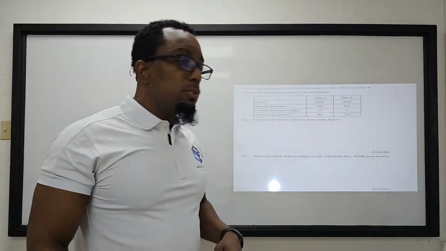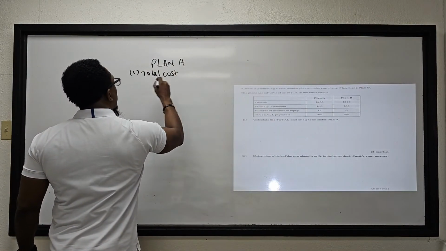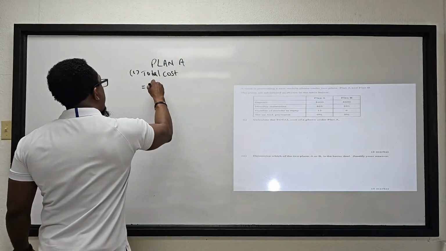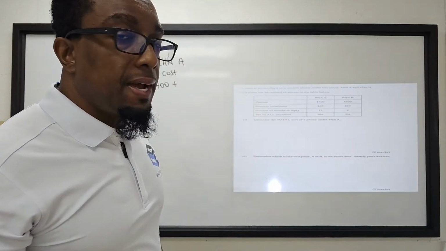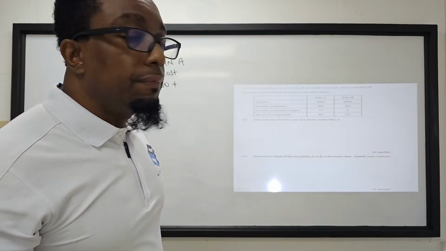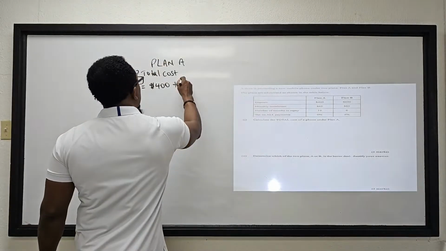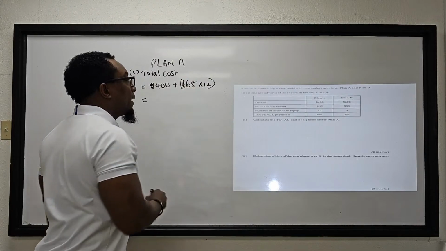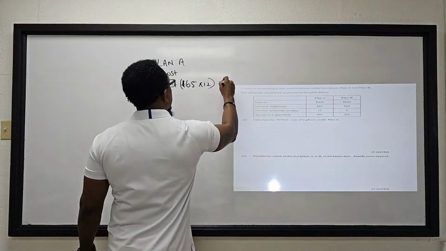So what is the total cost? The total cost is simply for us to add our deposit of $400 to the monthly payment. It is $65, and of course the number of months to repay will be 12 months. So to determine the cost for the 12 months, we simply multiply $65 by 12, and of course the tax on all payments is 0%.